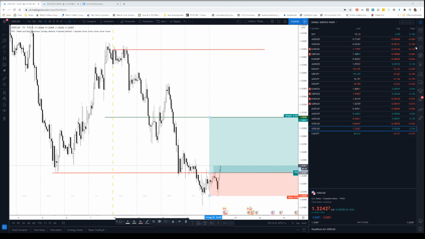Okay, there we go. Let's go on here and see what we can do. This is what London Open is all about. Potential setups when the low of the day has been formed.